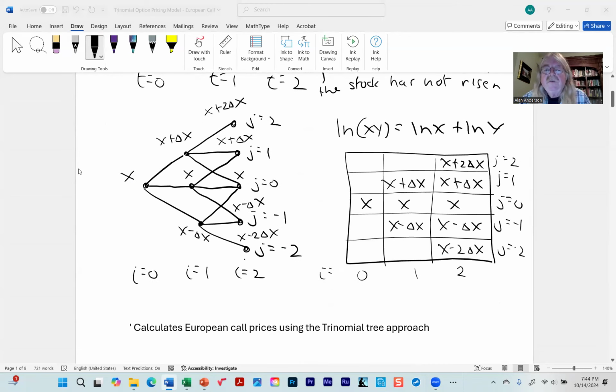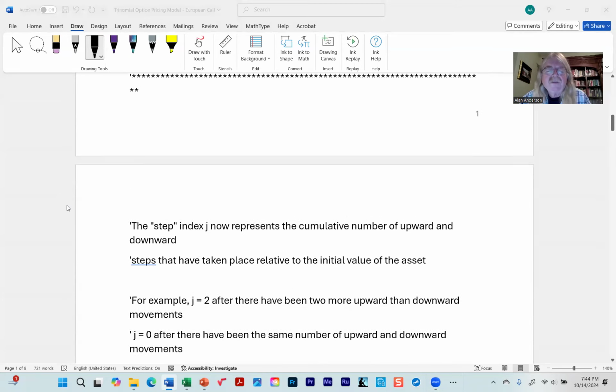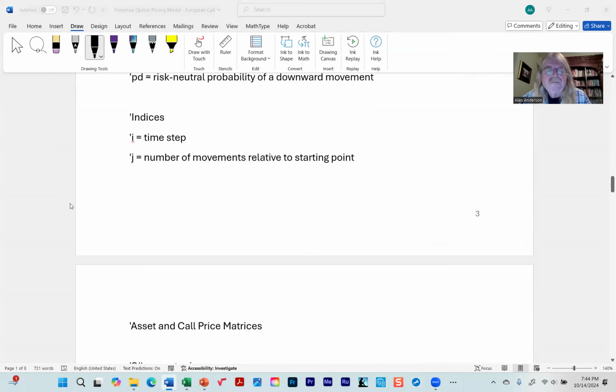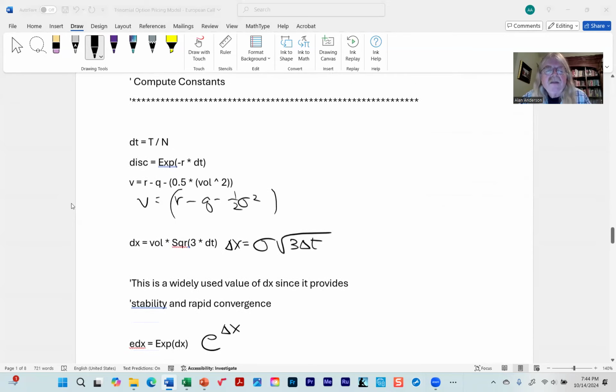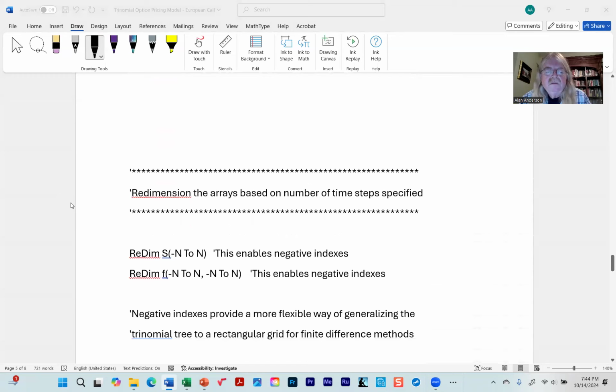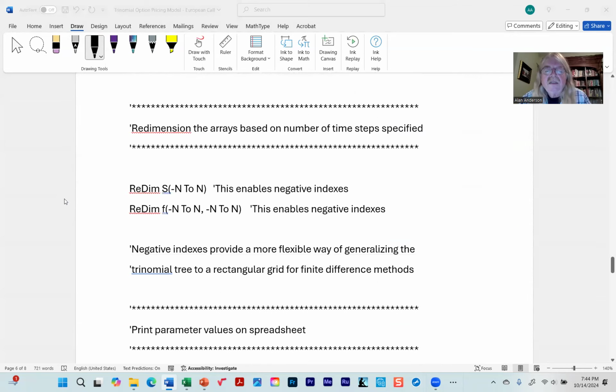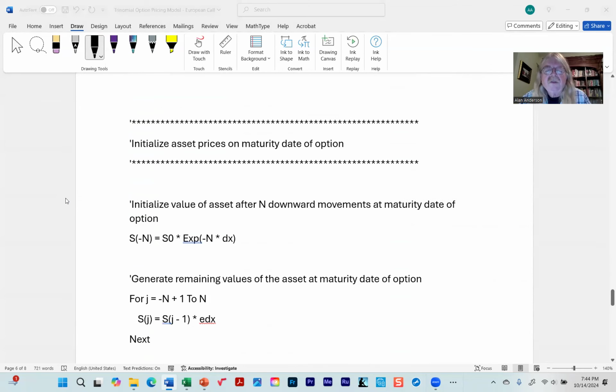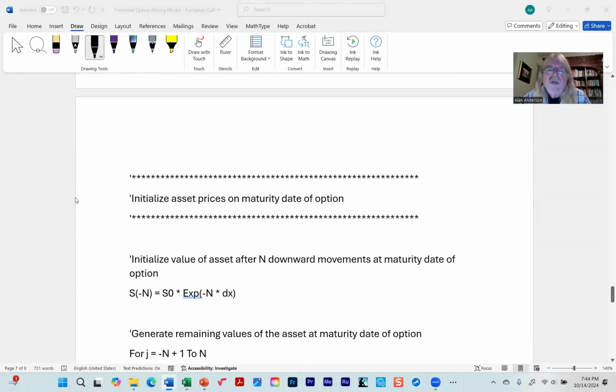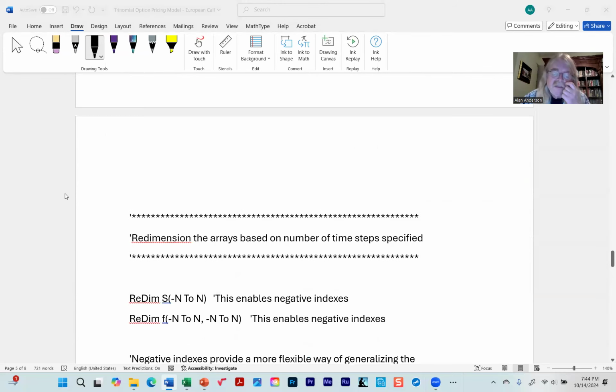If you notice, when we have 3 time steps, it's not a square, but there's still a regular structure to it. So what they're going to have us do to make sure there's enough room is think of it as negative n up to positive n in both dimensions if we need them. Now, the stock itself only needs 1 dimension because they're not going to change. It's the option tree that does need to be a full matrix, both rows and columns.